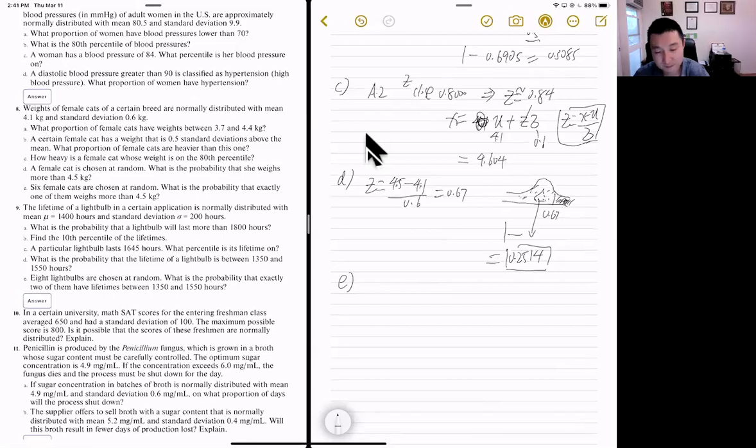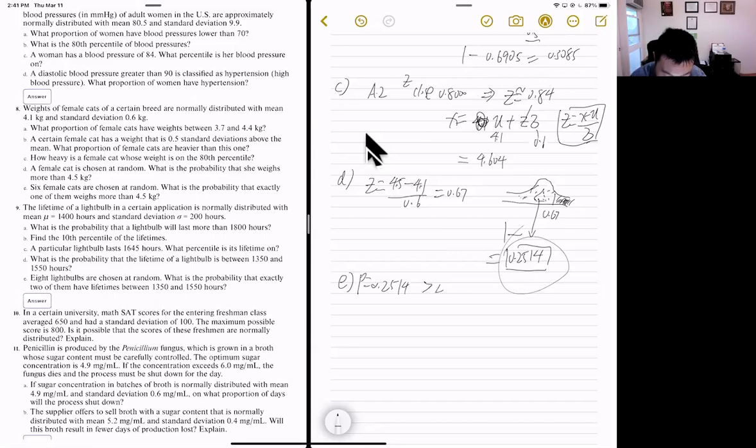Part E is a little more interesting. Six female cats are chosen at random. What is the probability that exactly one of them weighs more than 4.5 kilograms? From part D, we know a randomly chosen female cat heavier than 4.5 kilograms has probability this much, so 25%.